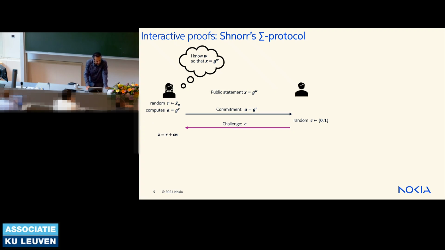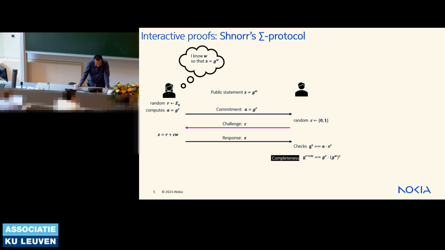And Alice creates Z, which is R plus C times W. Alice could do that because Alice knows W. And then Alice sends Z to Bob, and Bob runs this check. If this works, Bob is convinced that Alice knows W because she couldn't prepare this Z otherwise.